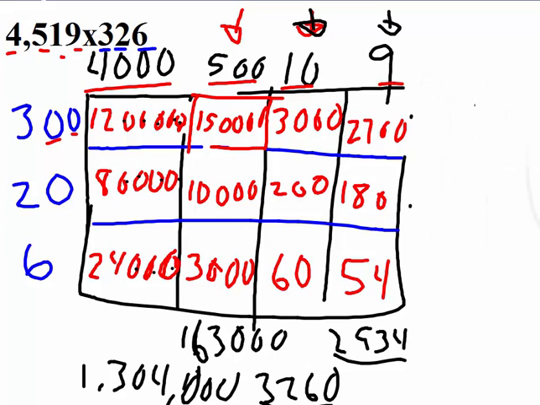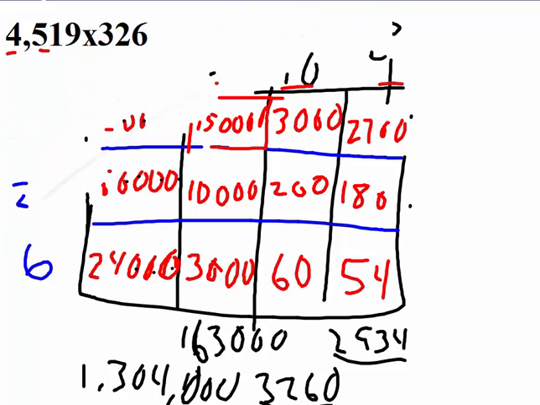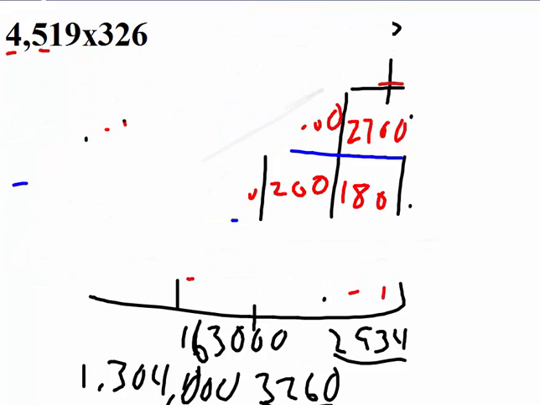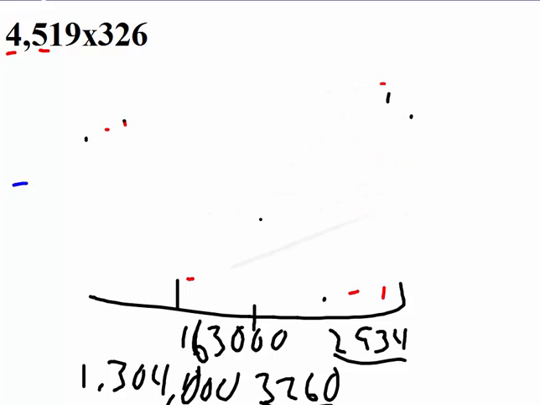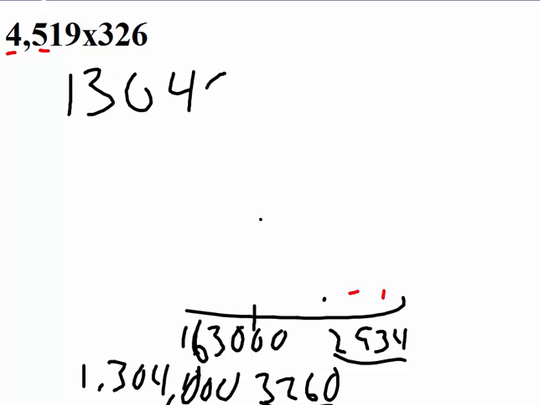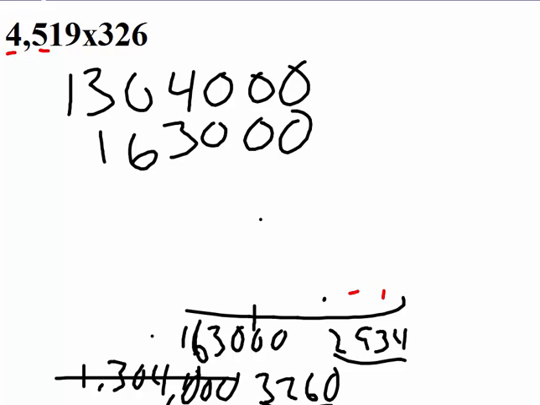Okay, so now my very last step. This does take a while, but I'm just showing another method. I'm going to erase this just so I have more room to work. I have 1, 3, 0, 4, 0, 0, 0. Then I have 1, 6, 3, 0, 0, 0.